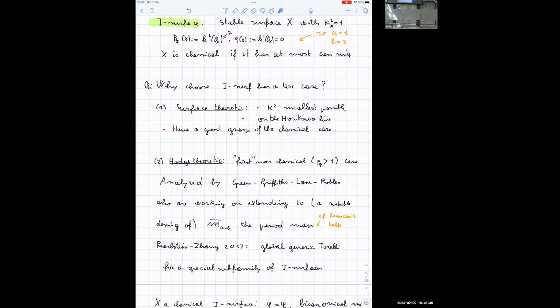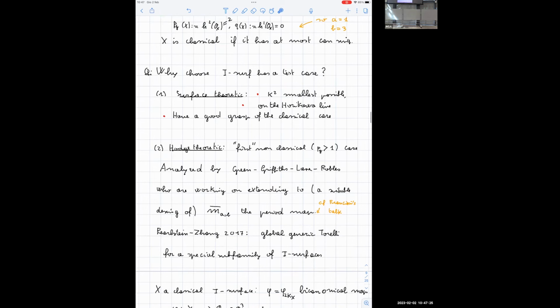And this has been used as a test by Green, Griffiths, Laza, Robles, who have an ongoing program of choosing a suitable desingularization of the Hodge theoretic moduli space in order to be able to extend the period map to this compactification. Something more about this will be said in Marco Franciosi's talk tomorrow.